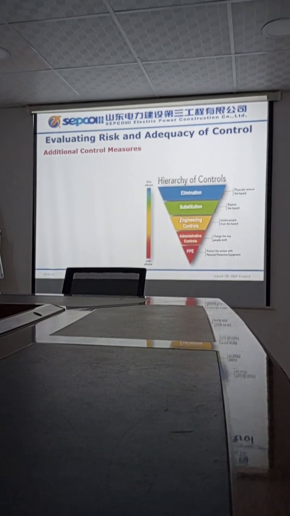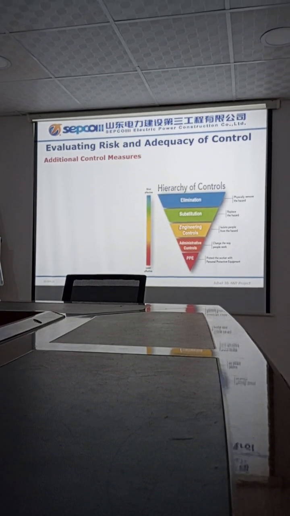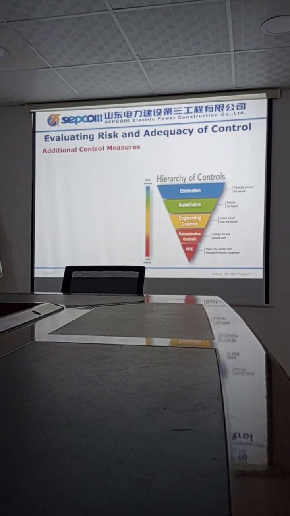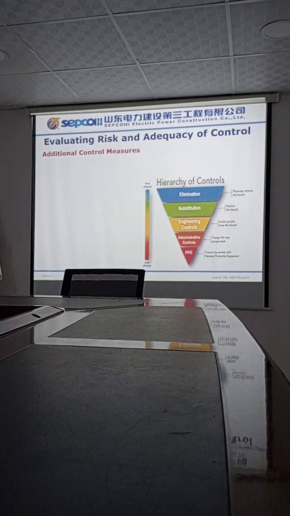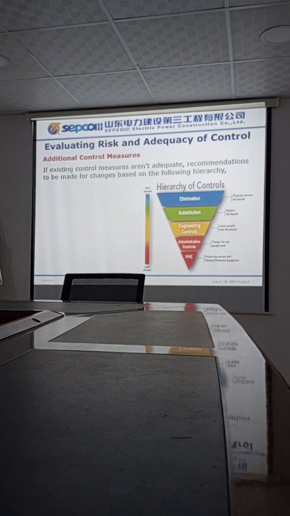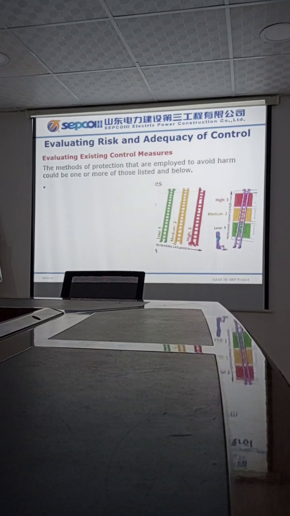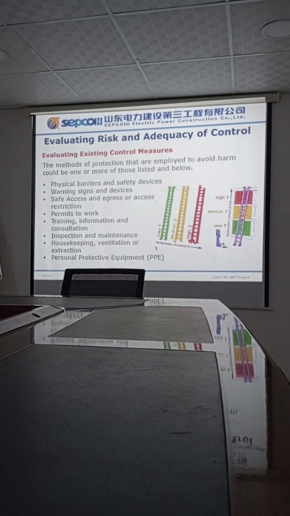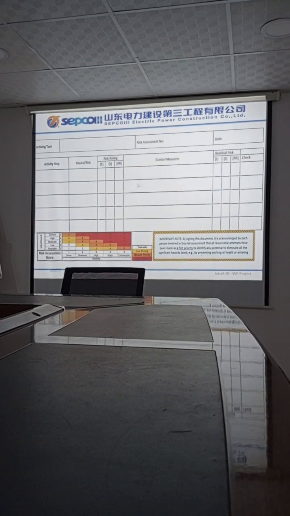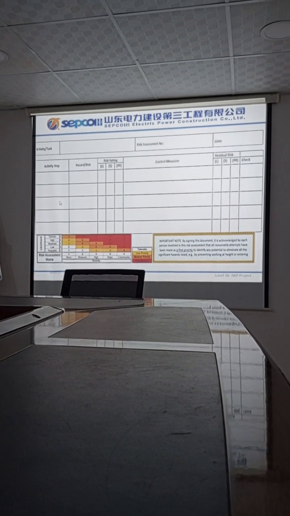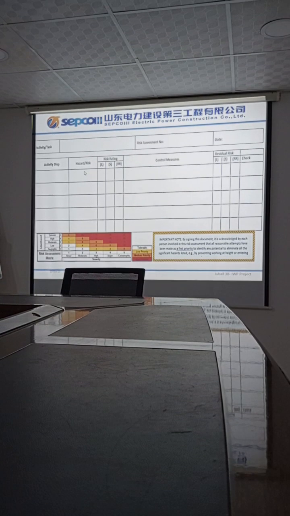If we cannot substitute, engineering control. Administrative, training, so we have full knowledge and understand, and the last one is PPE. So all of these hierarchical controls should be listed here, in one hazard and risk.